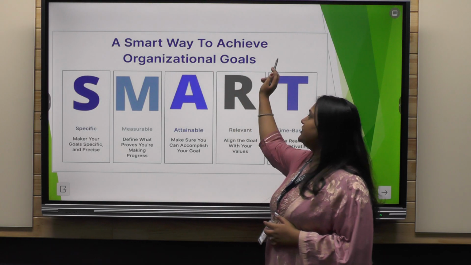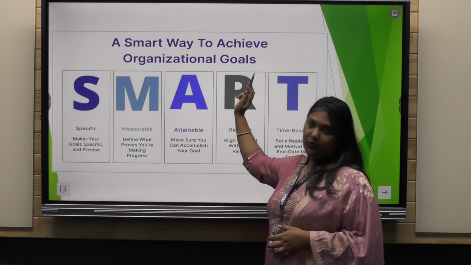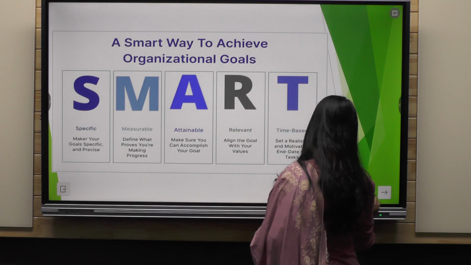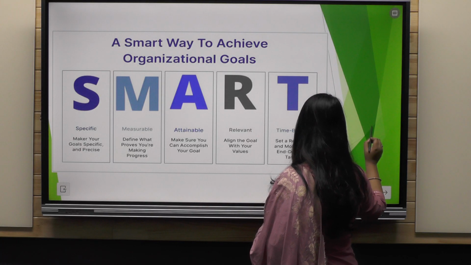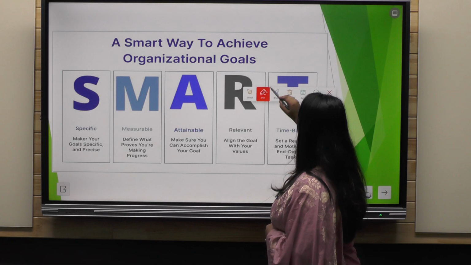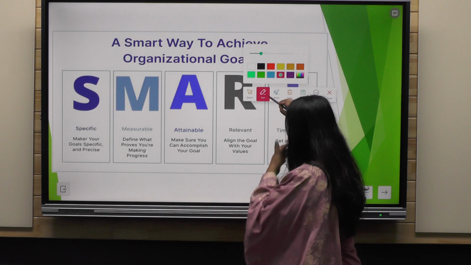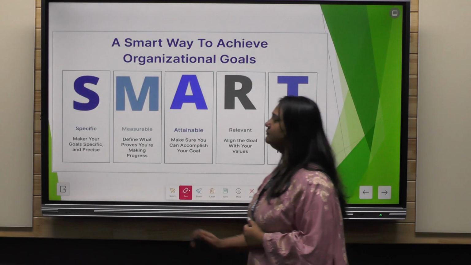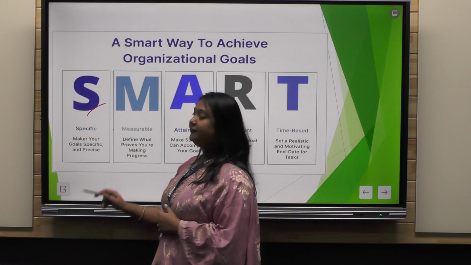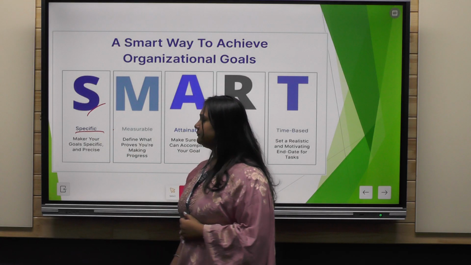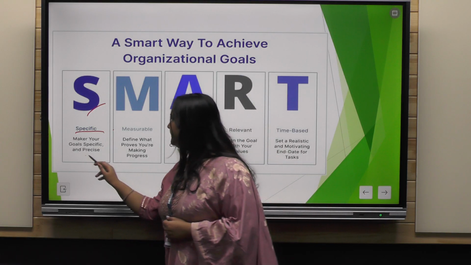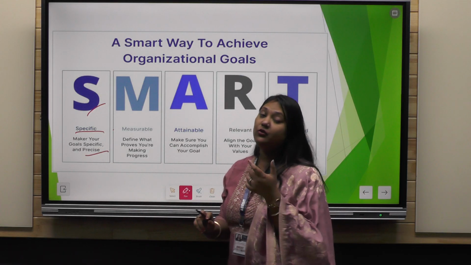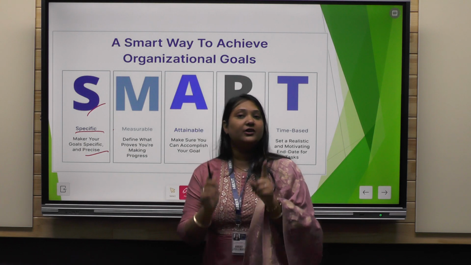A SMART way to achieve organizational goals. Okay, so we will study this. See, S stands for specific. Make your goal specific and precise. It means that your goal should be one goal.